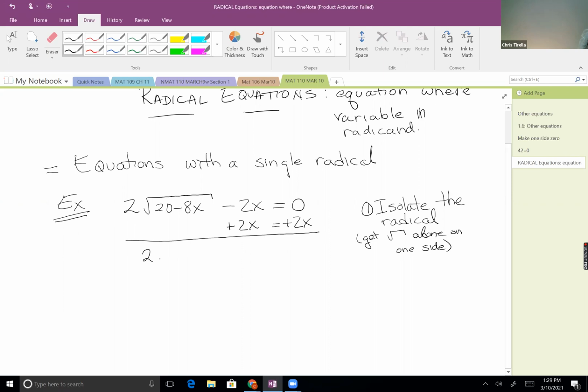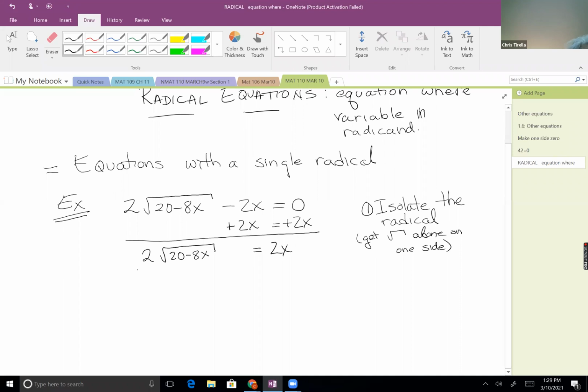So that'll give me 2 times that radical is equal to 2x. And now the radical term is alone, but it's still got this coefficient of 2.